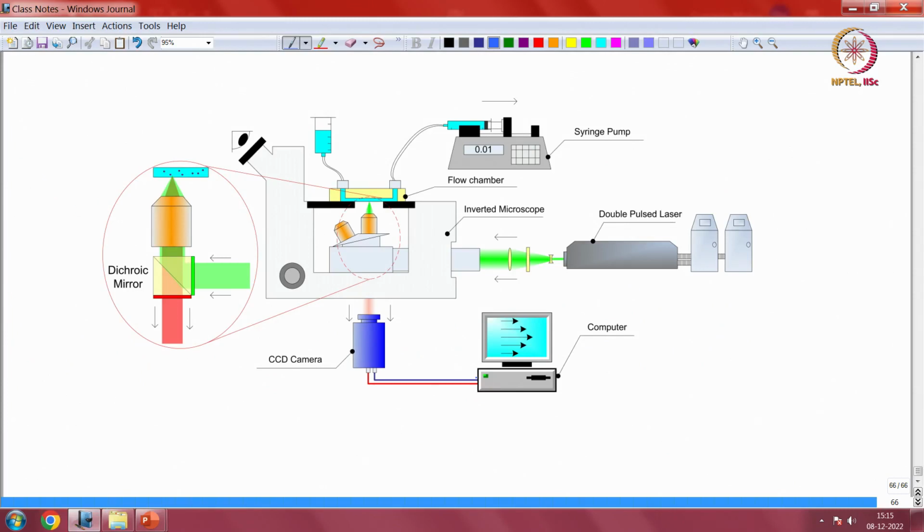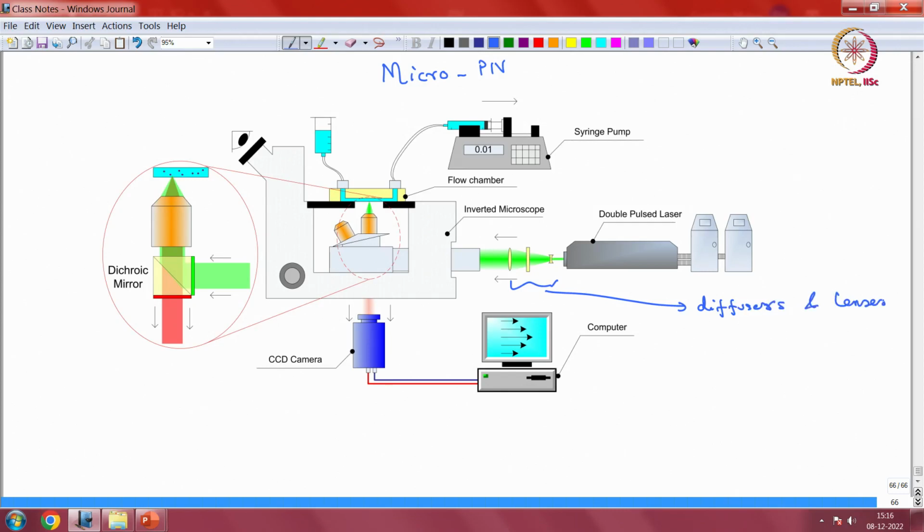Now, in micro PIV, that does not happen. So in micro PIV, which is micro particle image velocimetry, you have, let's say, a laser here that is now going to come through a diffuser. So there will be a diffuser element here, and some lenses, diffusers and lenses.